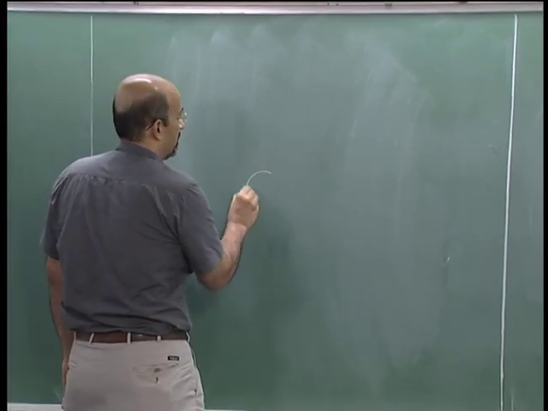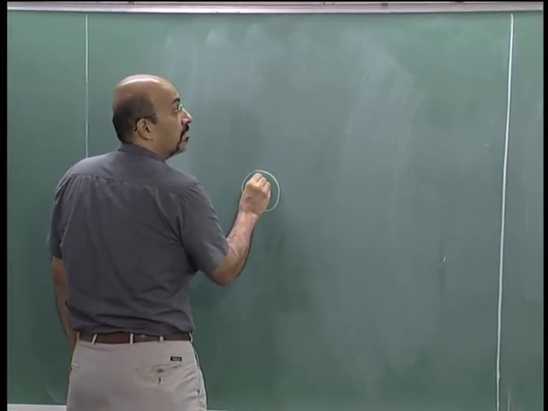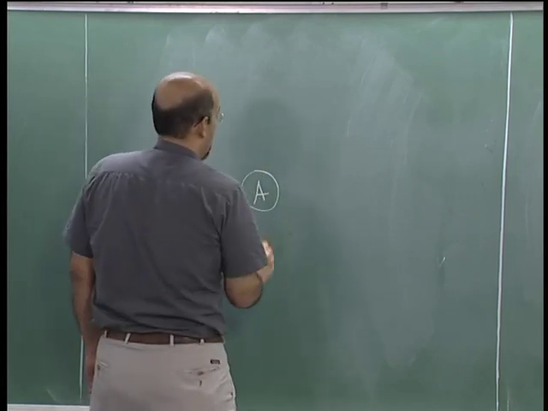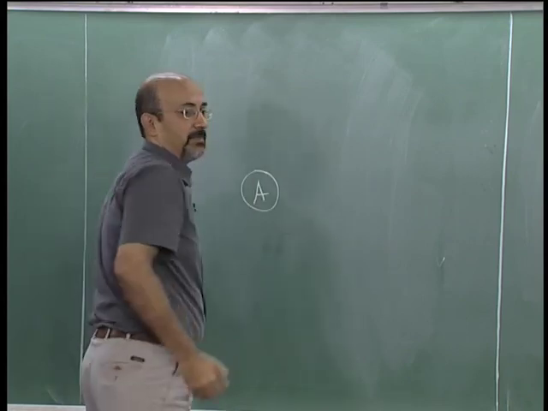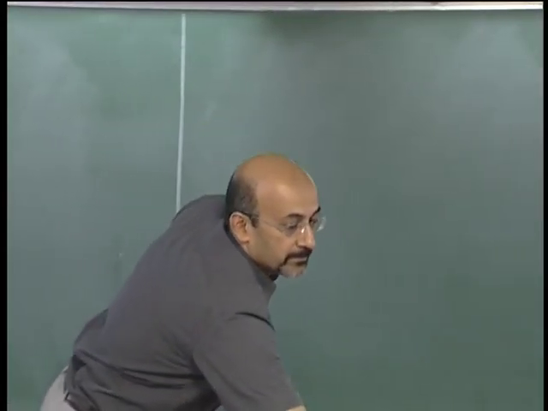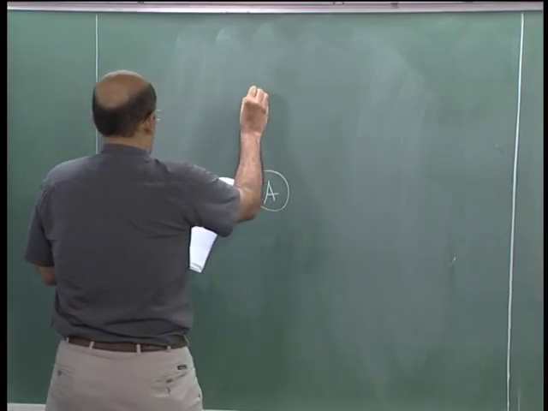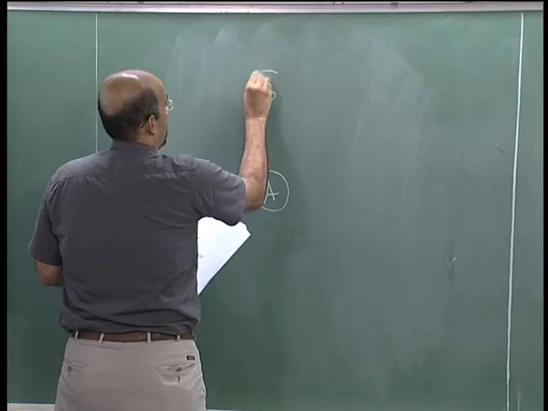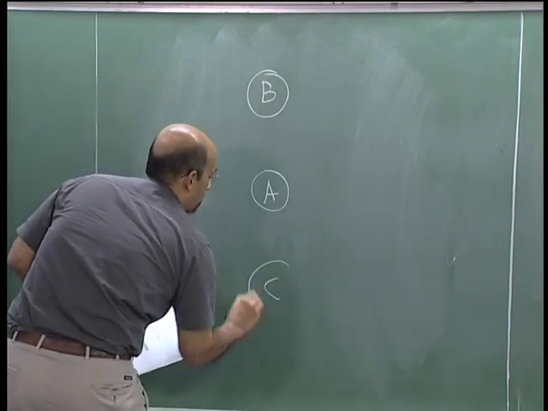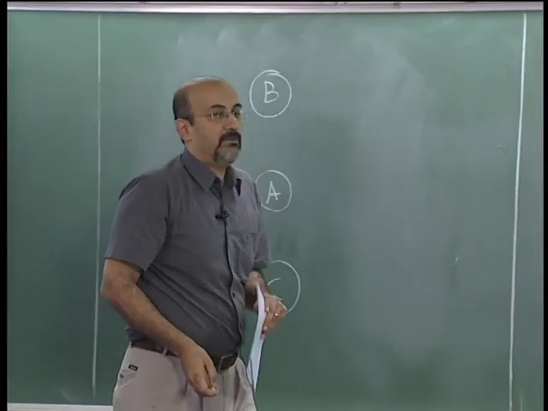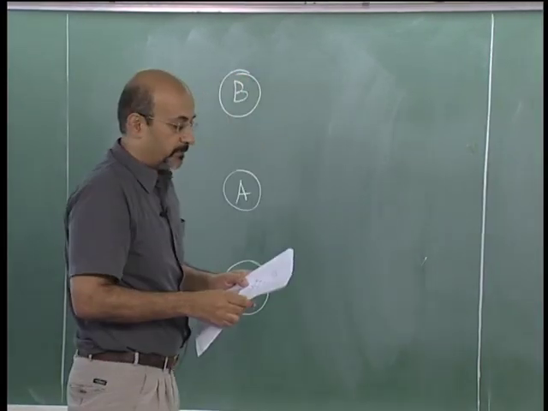network first. As we draw an activity on node network, we have A, B, C. We have 3 activities. Let me get my notes on this. A, B and C have no predecessor other than start.